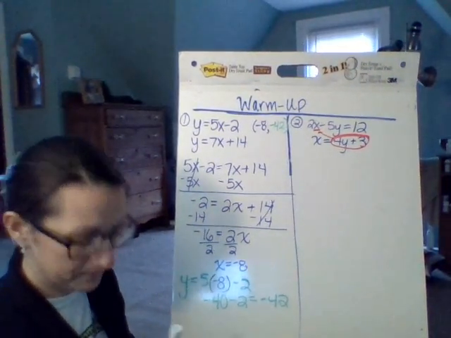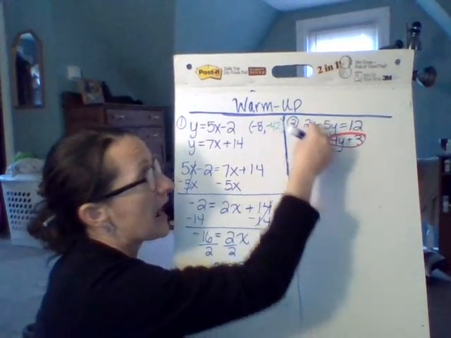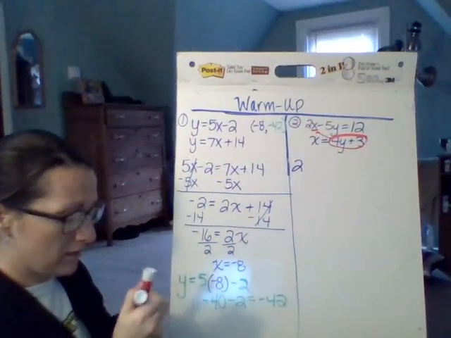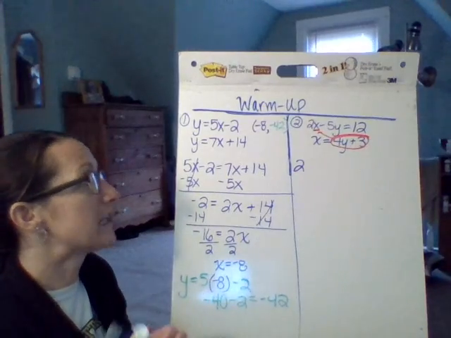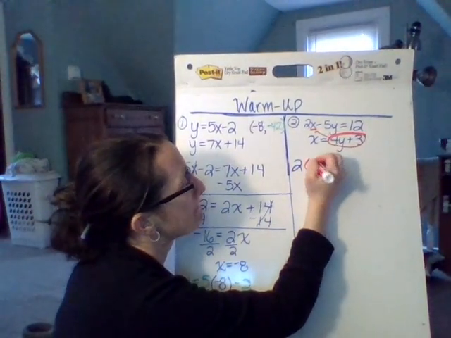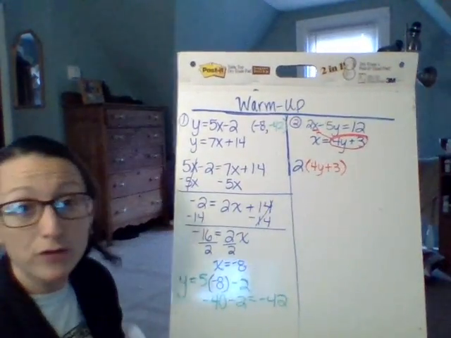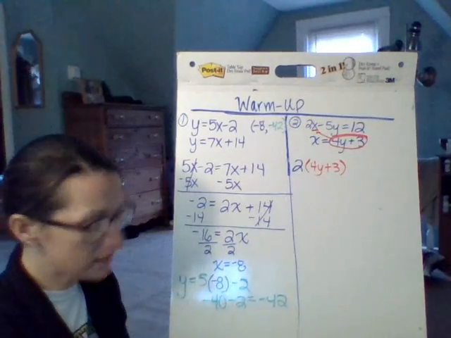All right, so this is what it's going to look like, a little bit different. I have the 2. I pull out the x, replace it with what's in my circle, what x equals, which is 4y plus 3. Whenever you substitute in, you always use parentheses.